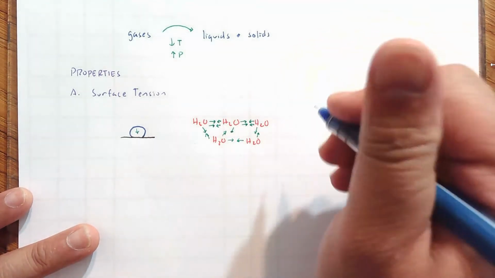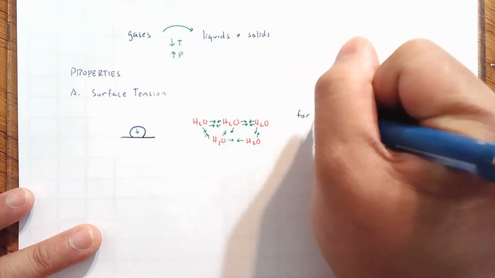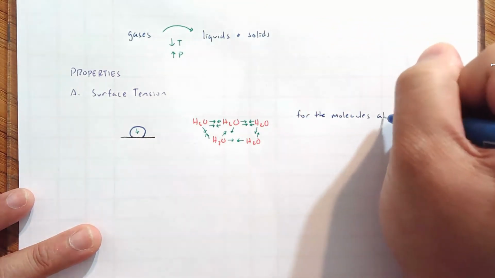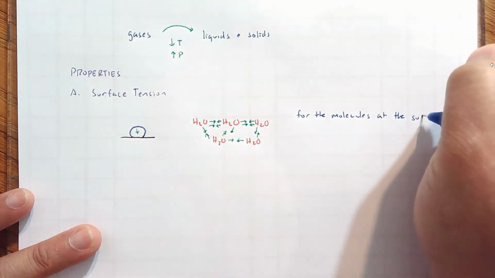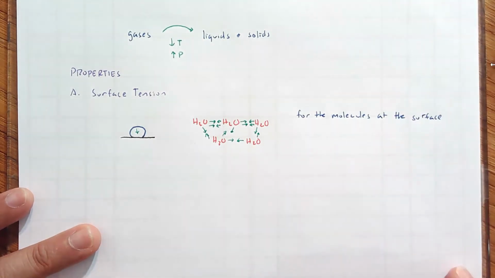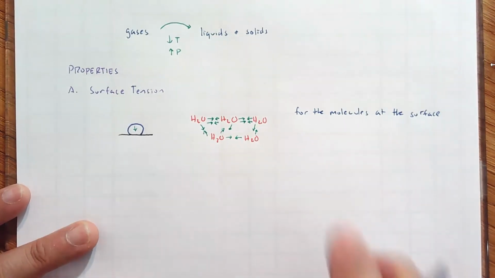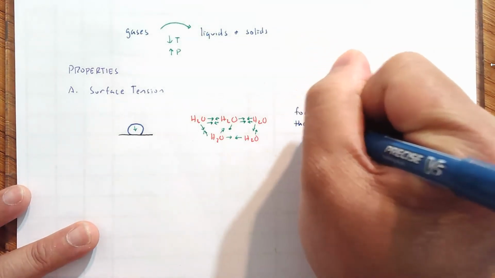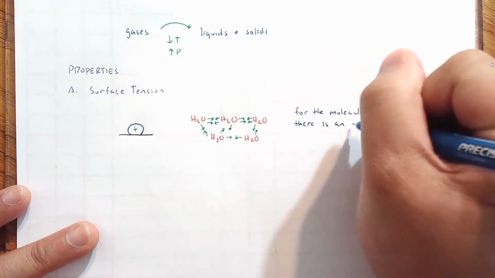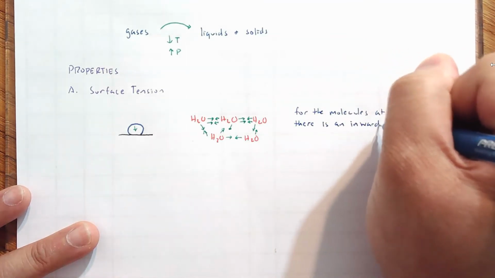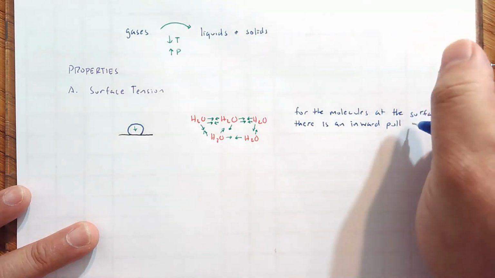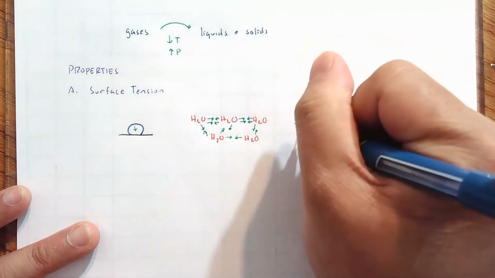So for the molecules at the surface, there's an inward pull due to intermolecular forces.